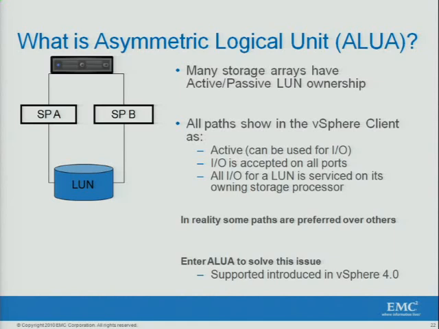By the way, support was introduced in vSphere 4.0. And by the time vSphere 4.0 came out, I can't think of a mid-range or an active-passive array, you know, again, the names are all bad because they don't quite nail how the arrays work, but they all support ALUA. ALUA support is now incredibly broad, right? Yeah, it's a standard.